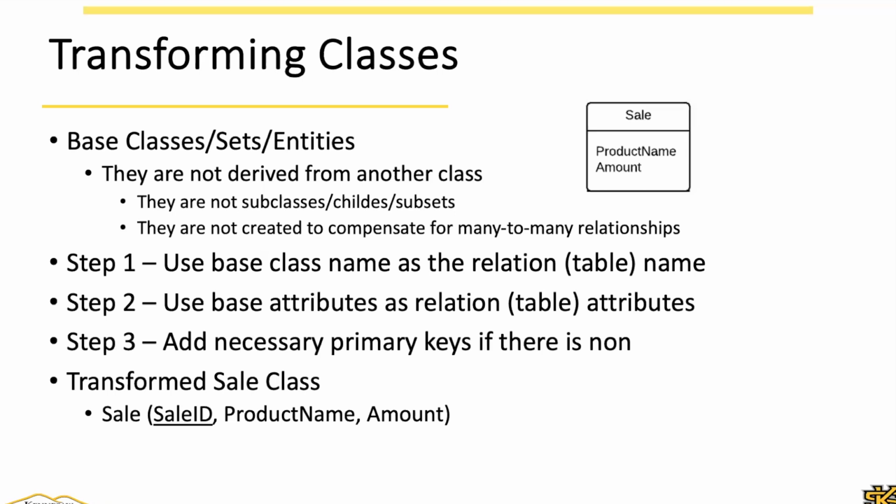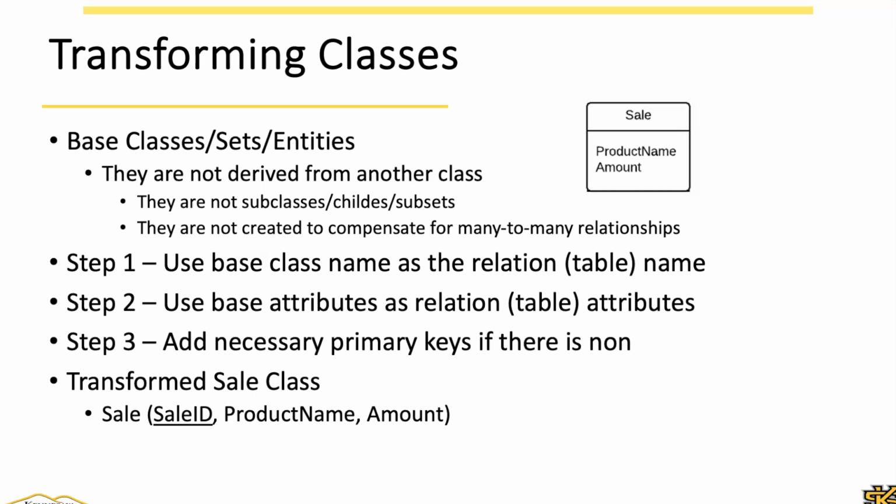To convert these base classes, standalone independent classes, you need to follow the following steps. Step 1. You need to use the base class name as the relation or table name. Step 2. Use the base class attributes as the relation or table attributes. And the third one, which is so important, add the necessary primary keys if there aren't any defined.